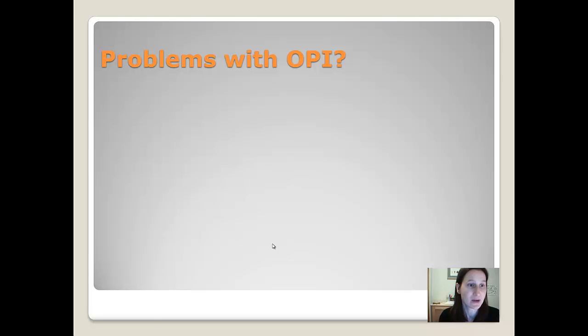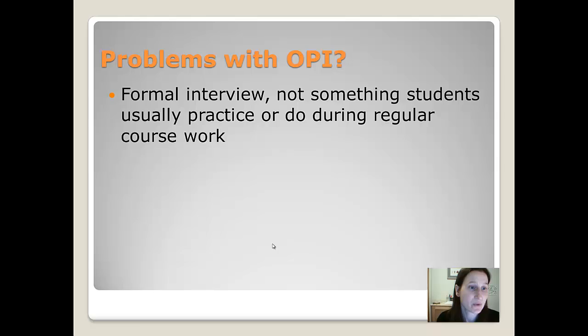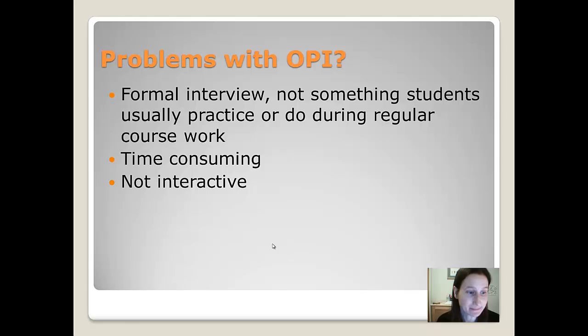So I wanted to go on with some of the problems of this type of testing. These are formal interviews. They're not something students usually practice or do during regular coursework. They're also very time-consuming. They're given normally one-on-one, or they're technology-heavy and you have to take them to the computer lab.